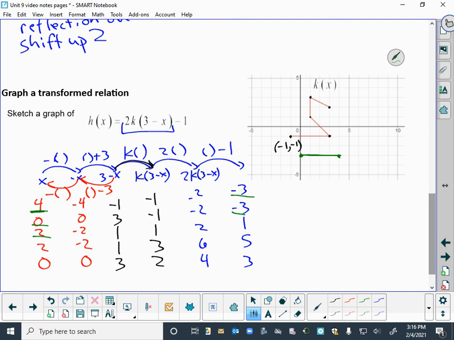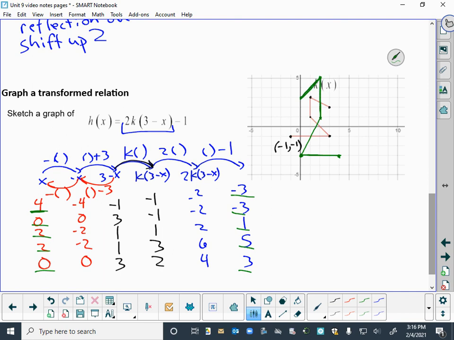That is going to get connected to 2 comma 1. So here's 2 comma 1. That is that one. That's going to get connected to 2 comma 5, which is all the way up there. And then finally, that will get connected to 0 comma 3. That is that one right there.